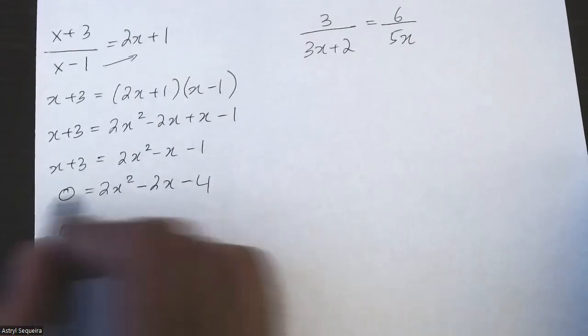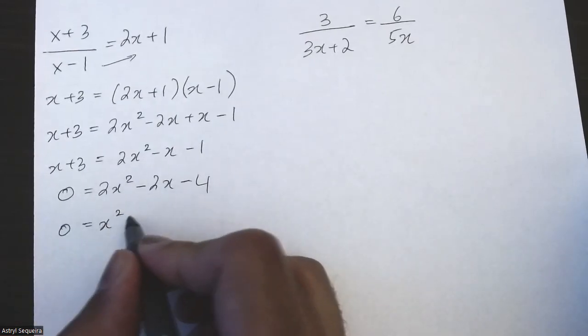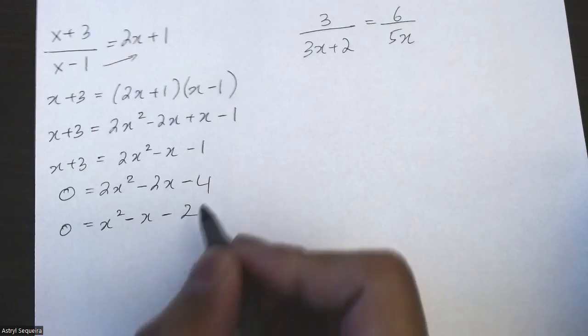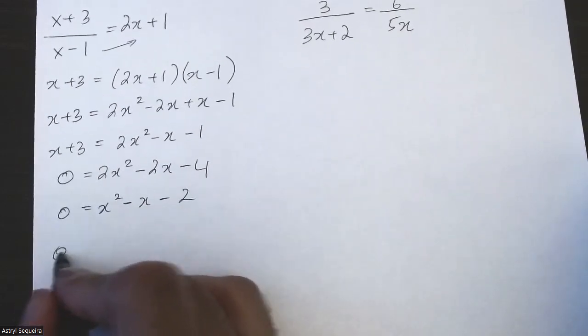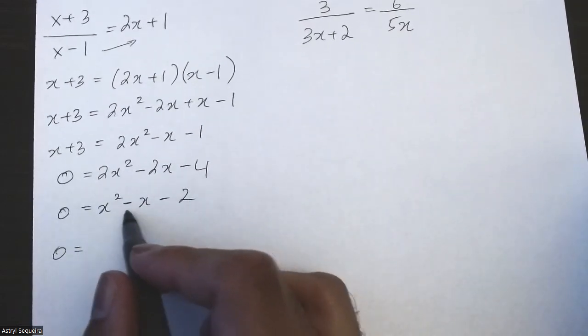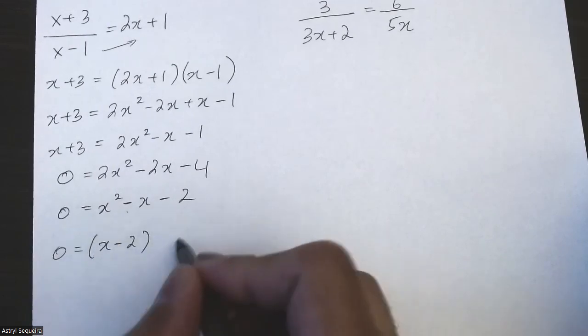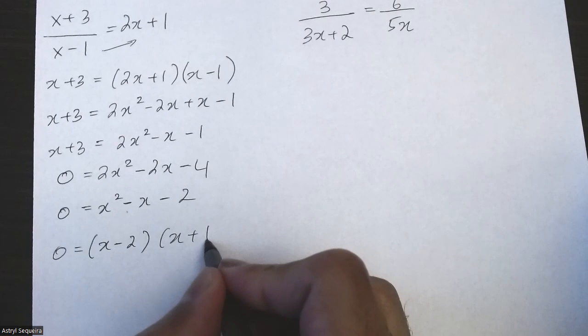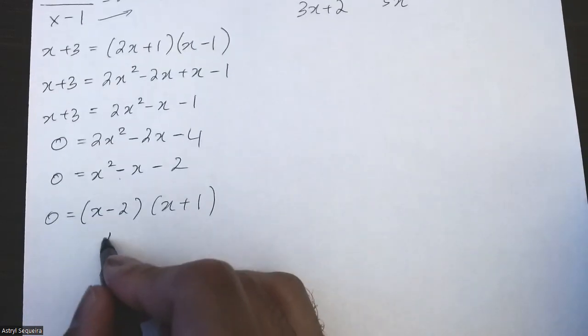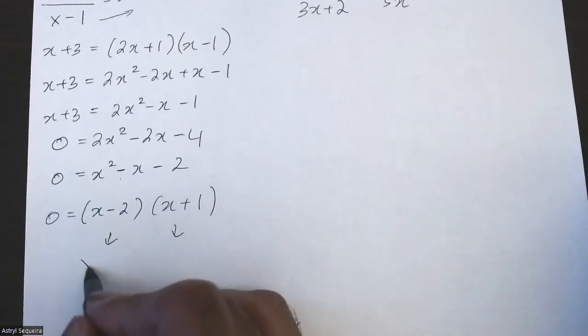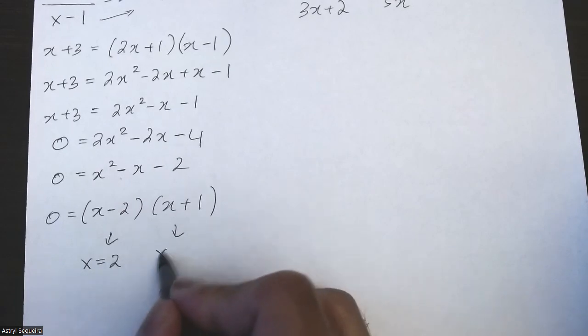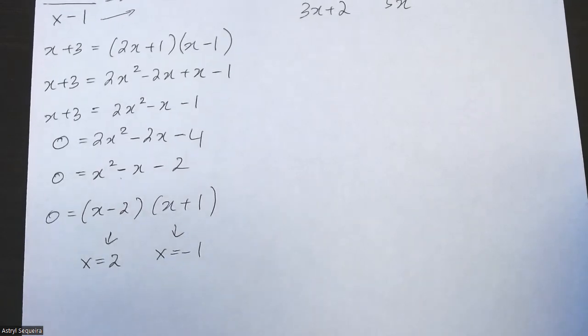So I can always divide this all by 2. And then if I factor this with my man method, what multiplies to -2 and adds to -1, it's going to be x minus 2 and x plus 1. It's a simple trinomial, so you can do it instantly. And my solutions are just +2 and -1.